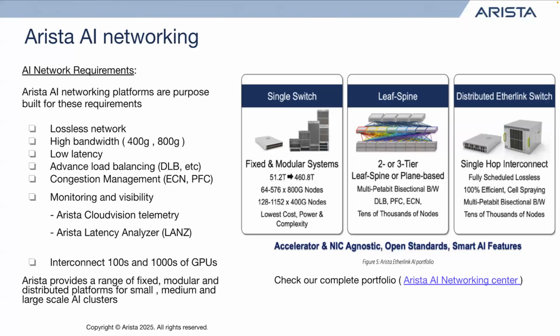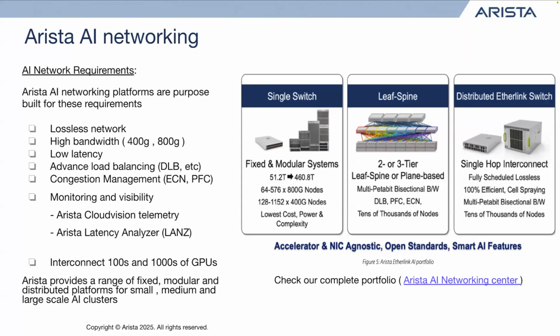Smart tools like Arista CloudVision telemetry and Arista Latency Analyzer should provide monitoring and visibility, to detect any issues and fix them before they create any impact. The fabric should also be able to interconnect hundreds and thousands of GPUs together, providing superior performance.